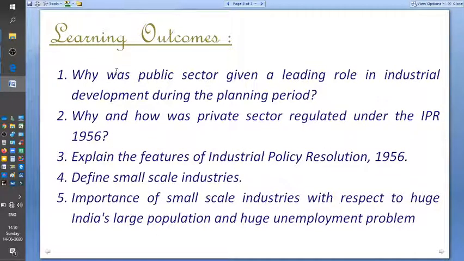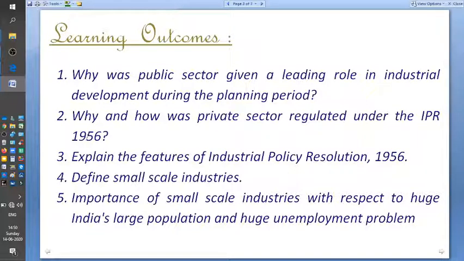You learned the reason why the public sector was given a leading role in industrial development during the planning period. We understand the private sector has less capital, and even if they have capital, the market is small. So that's why we need government. Number two, why and how the private sector is regulated under IPR. We understand why, and we understand how.